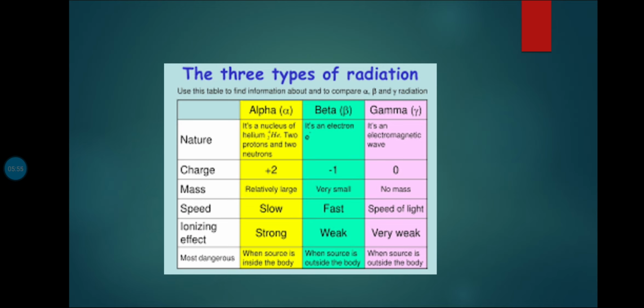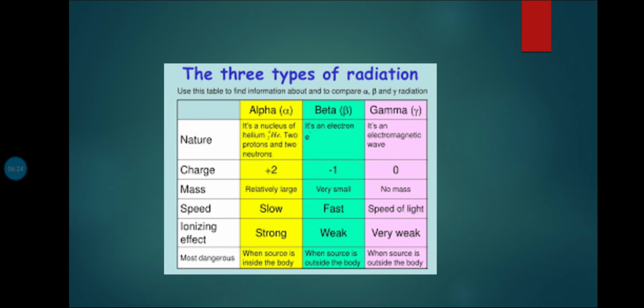About the nature of beta, it is an electron. The gamma is an electromagnetic wave. The charge on the alpha particle is +2, the charge on the beta particle is -1, and gamma rays are neutral; they carry no charge.